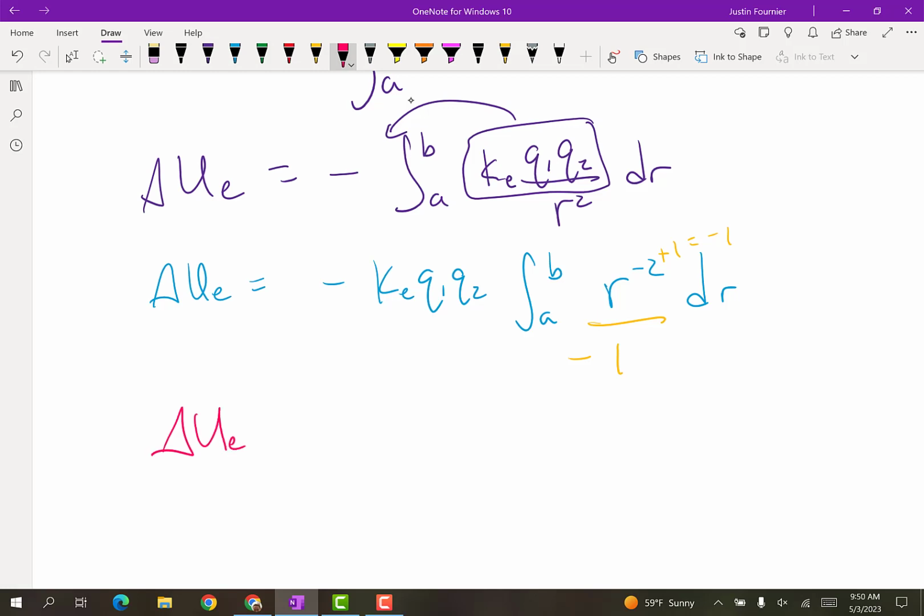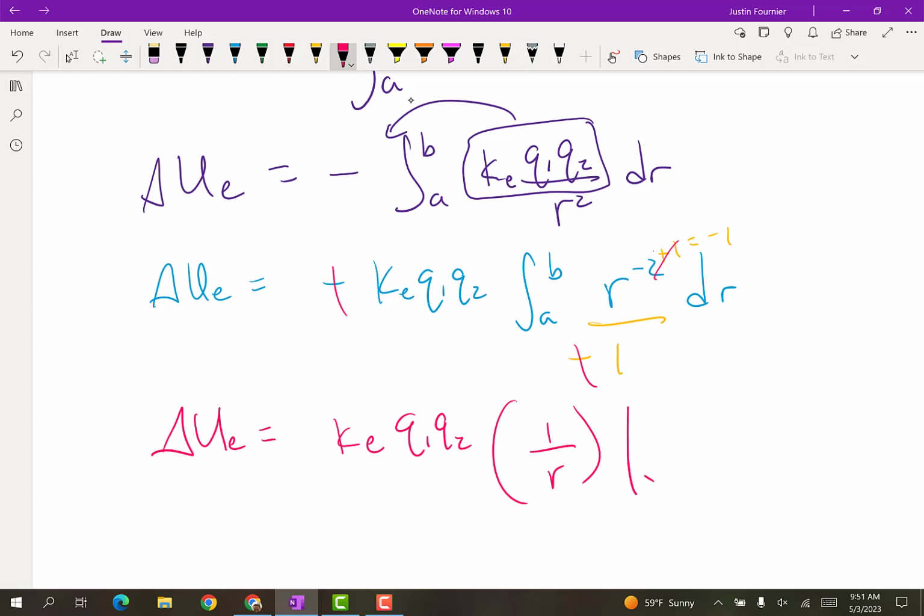So now I've got the change in electric potential energy. This negative is going to cancel with this negative, which gives me K_E Q1 Q2 and then r to the negative 1, which is the same thing as 1 over r.